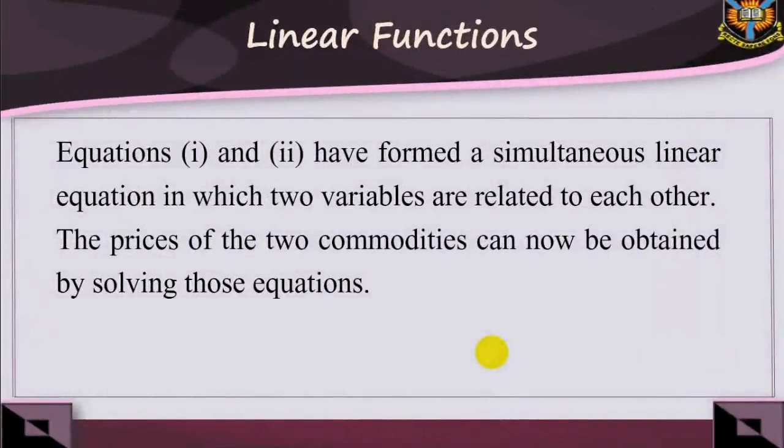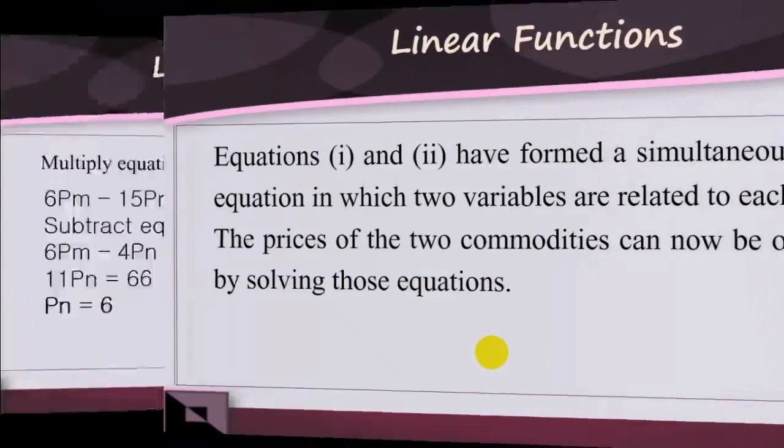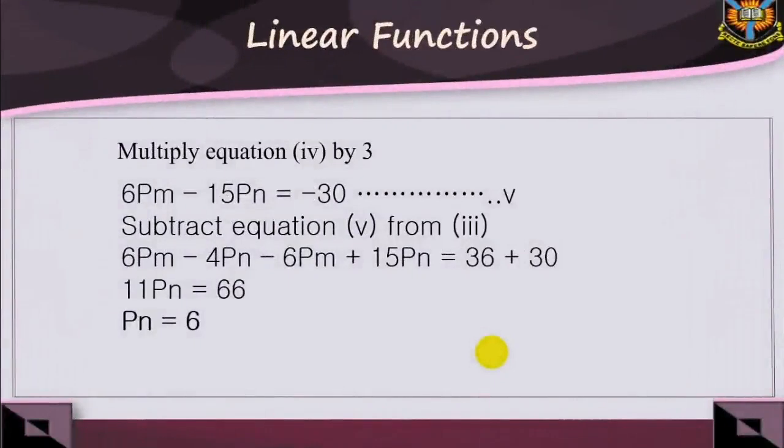Equations 1 and 2 form a simultaneous linear equation in which two variables are related to each other. The prices of the two commodities can now be obtained by solving those equations. Multiply equation 4 by 3.